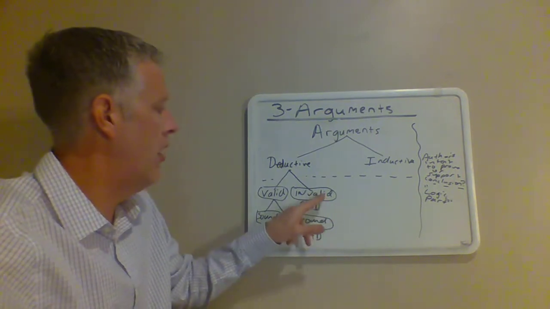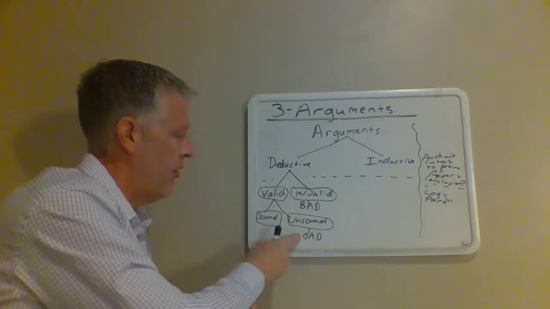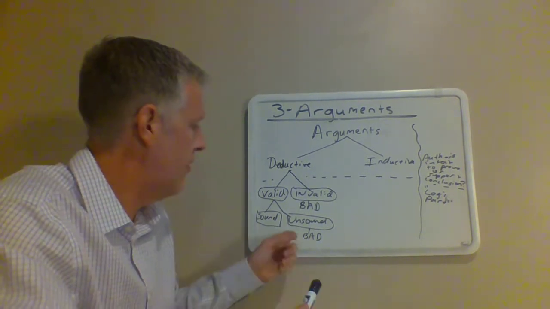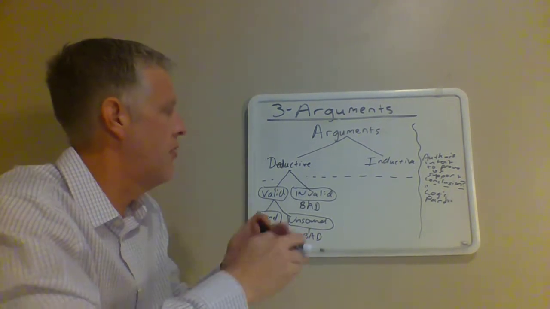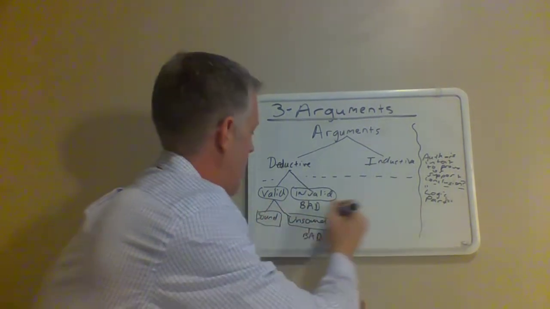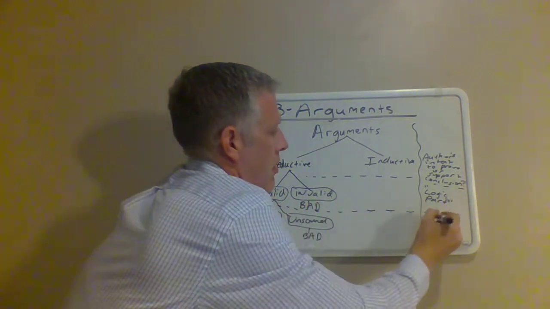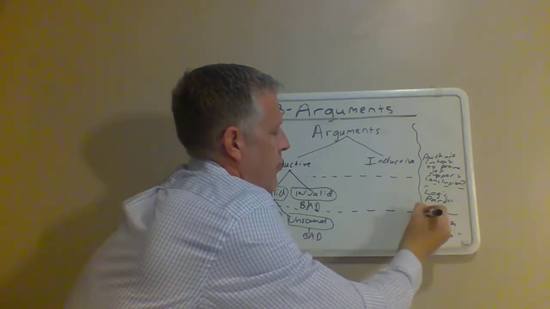You already know it's bad if you can assume the premises are true and the conclusion can still be false. But let's say it was valid, well then there's another way. If some of the premises are ludicrous, obviously false, well then that's still a bad argument. It's unsound because one or more of the premises are false. So that would be the truth part, as we've been referring to it.